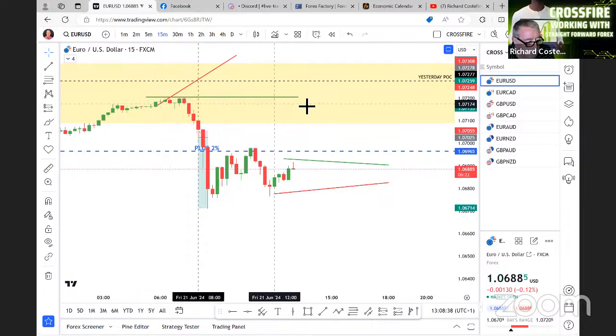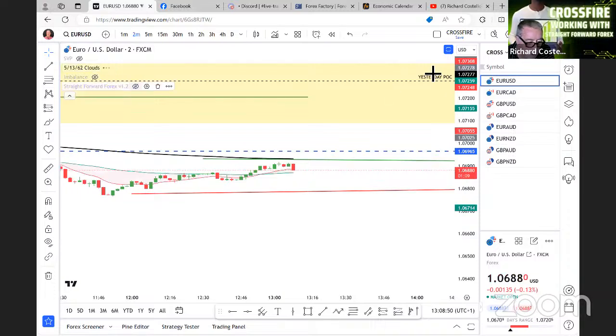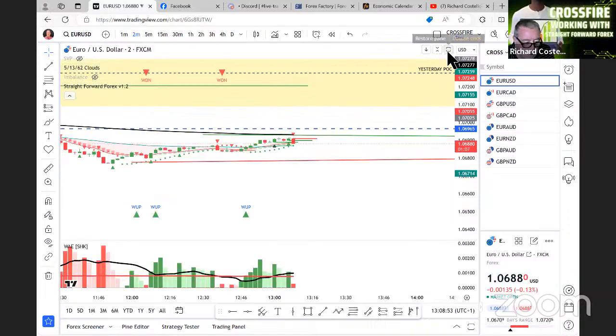So that's what it looks like on the 15-minute chart. I'm going to dig a little bit deeper on the 2-minute chart and put some indicators on, and then start to analyze this.